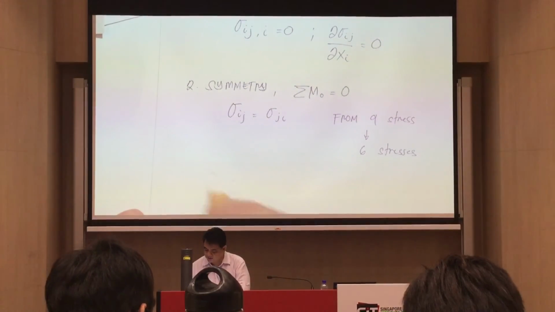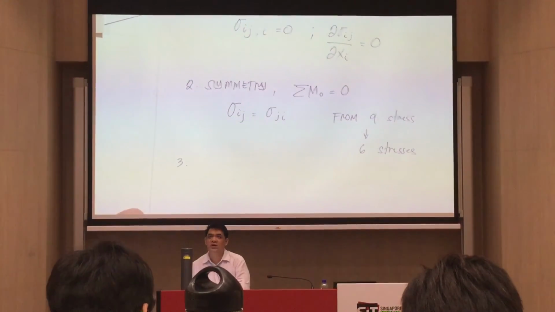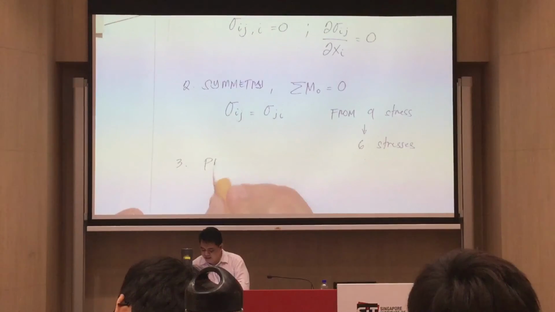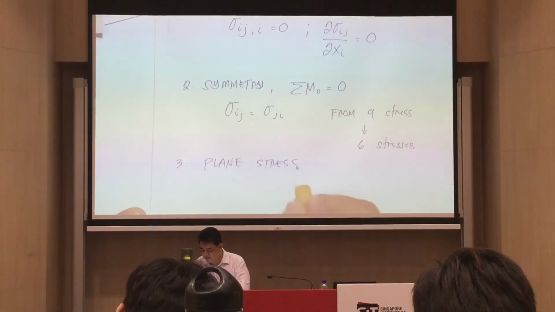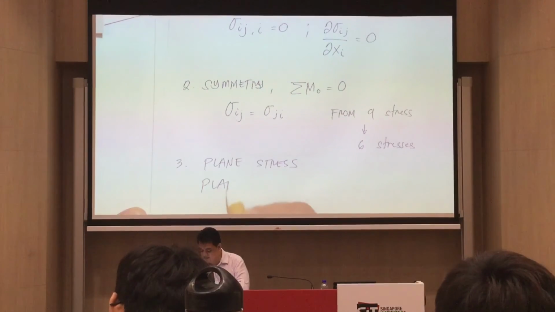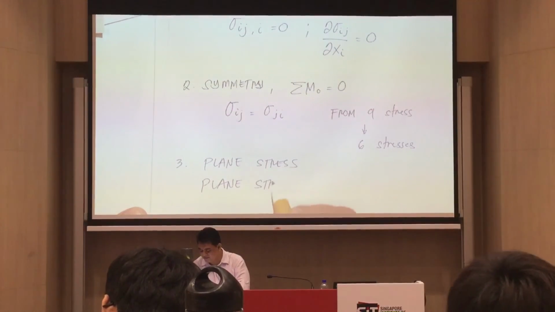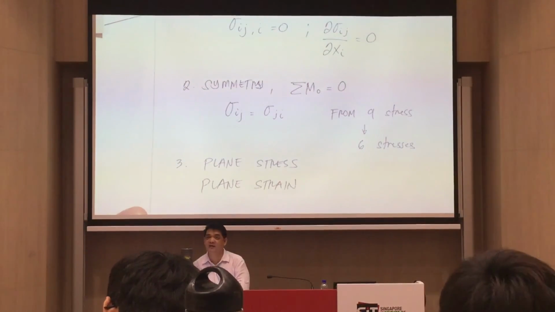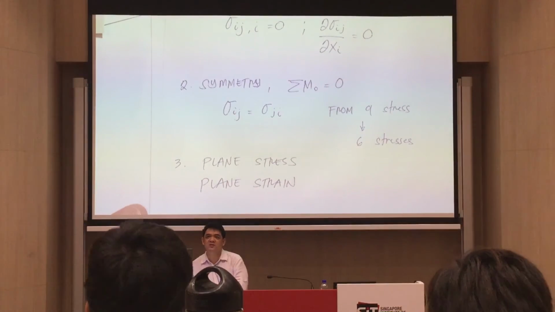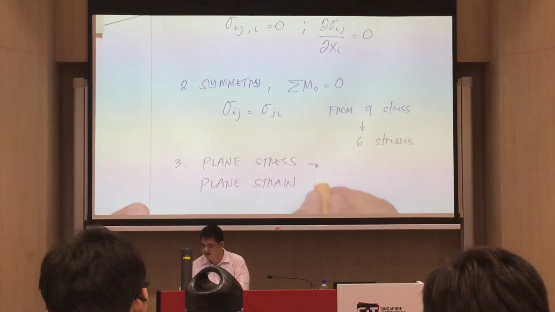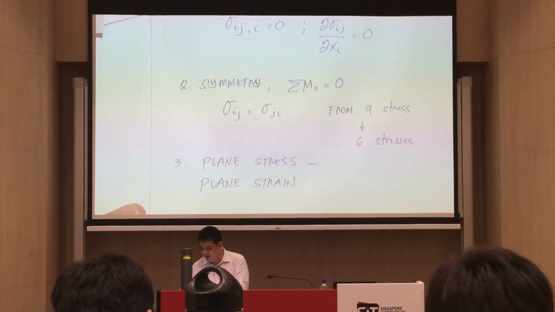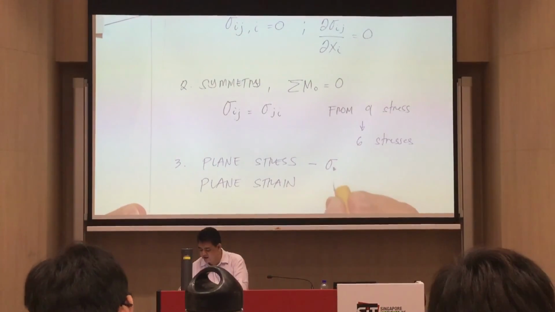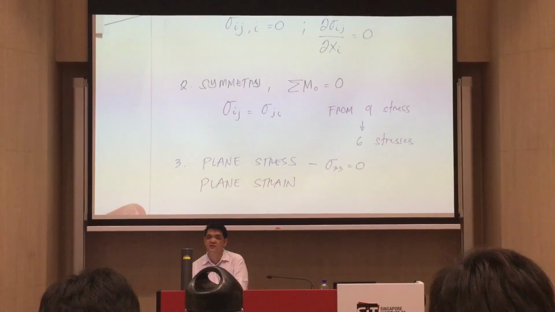Now, we had plane stress, and then we have plane strain. For plane stress, we discussed that one side is much thinner than the other two, so that we have your stress 3 equal to 0.